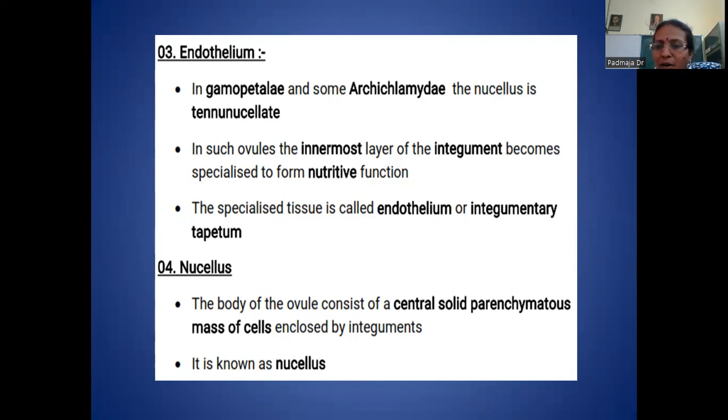One of the cells will function as the megaspore mother cell. The main concept is that the ovule is known as the megasporangium. Each megasporangium consists of funicle and integuments. Inside the integuments, the nucellus is present, and the nucellus gives rise to the megaspore mother cell.